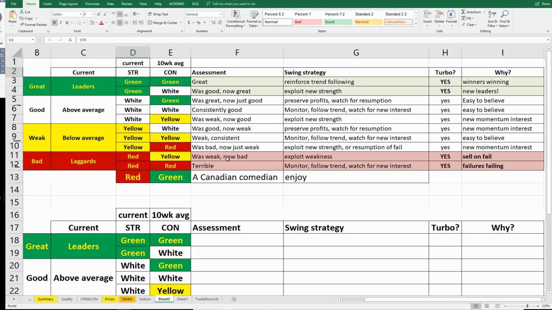And I may be able to start exploiting new strength by using an owl pattern and buying it and trying to hold it till it gets through the Bollinger Band mean and beyond. And it has a long way to go up this price improvement ladder all the way to green and green. And in the Dow 30 and the ETF 30, ETF 100, you'll often see these large sectors go through this cyclic pattern where they've been horrible and just terrible, and then they get slightly better, then they get back to average, and then they start slowly begrudging and getting above their 200-day moving average, and they start becoming the strength leaders.